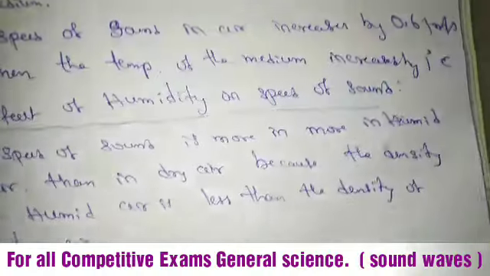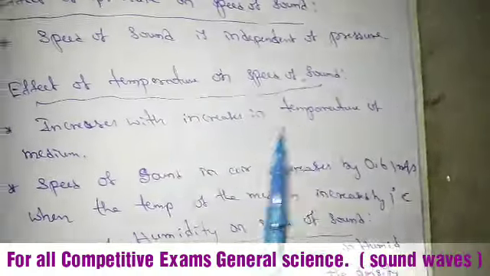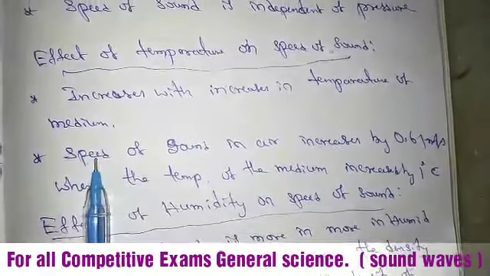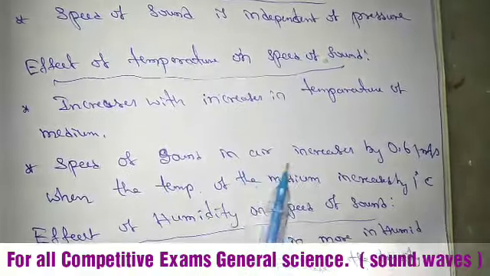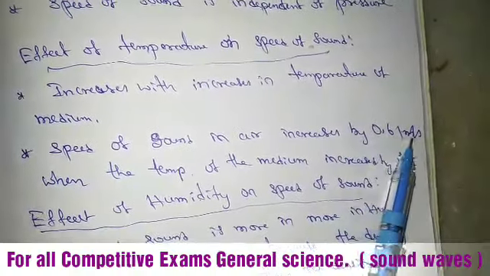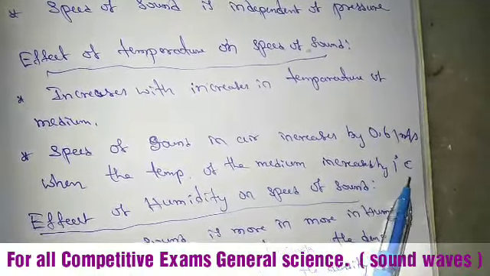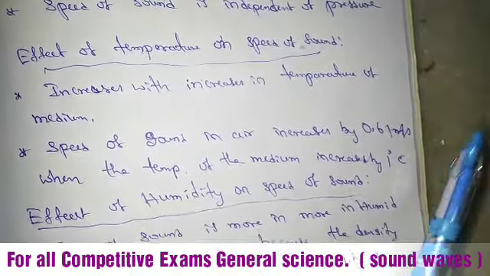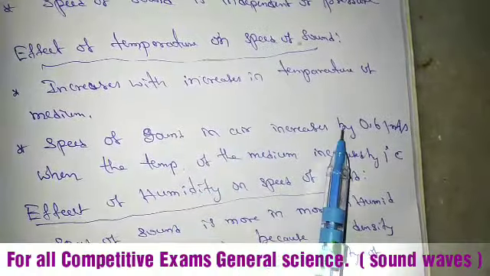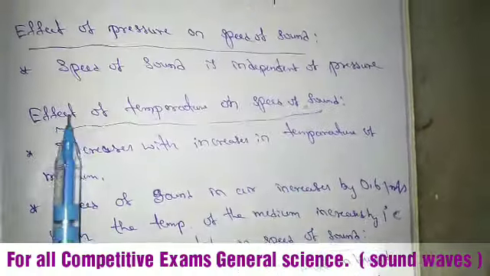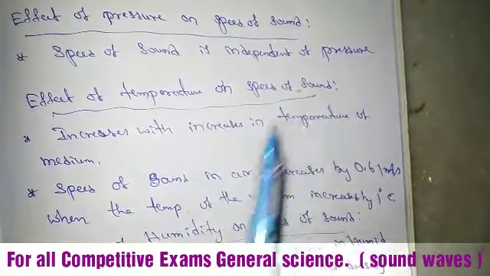Speed of sound in air increases by 0.61 meter per second when the temperature of the medium is increased by 1 degree centigrade. So this is about the effect of temperature on the speed of sound.